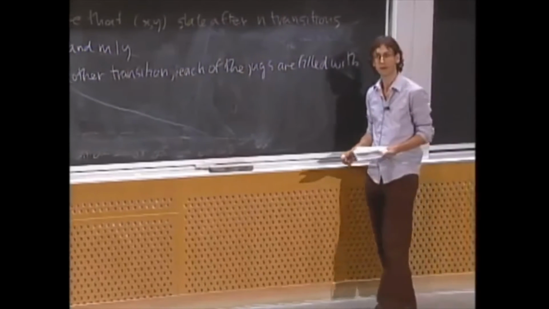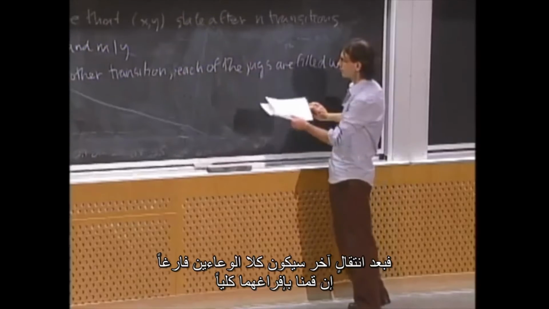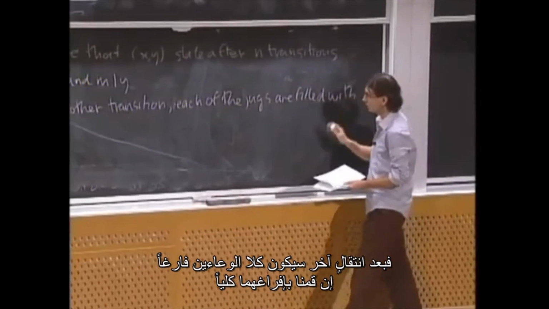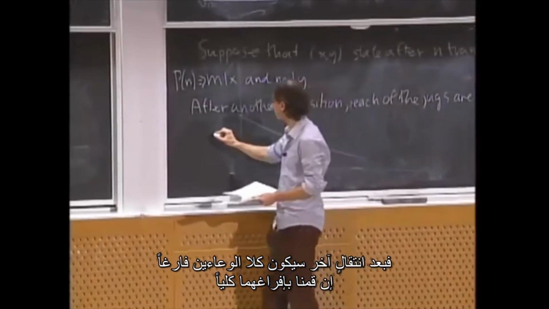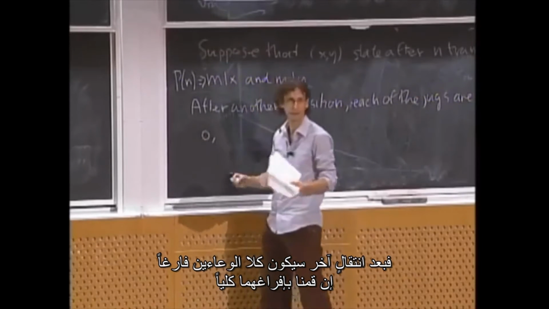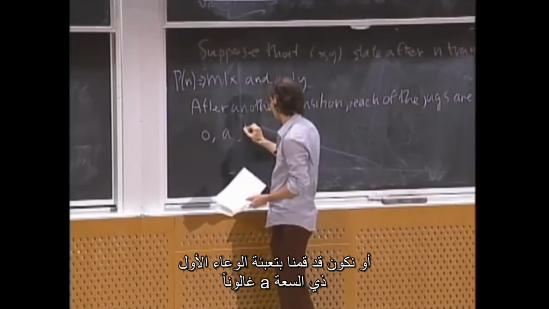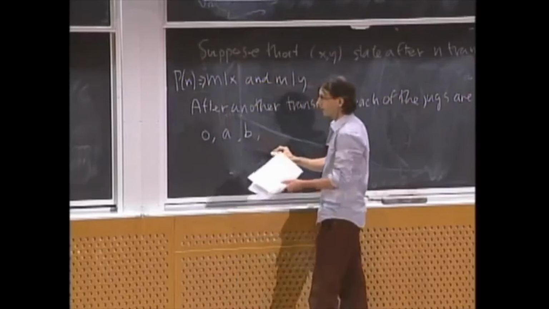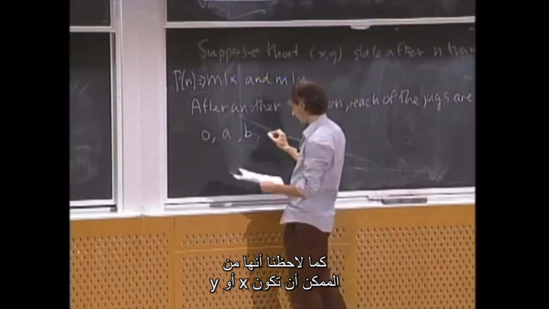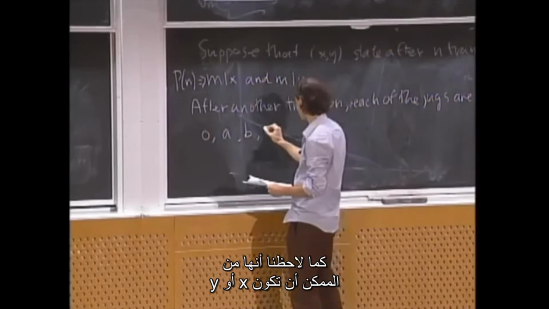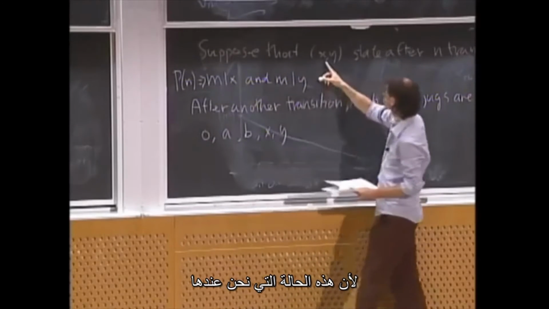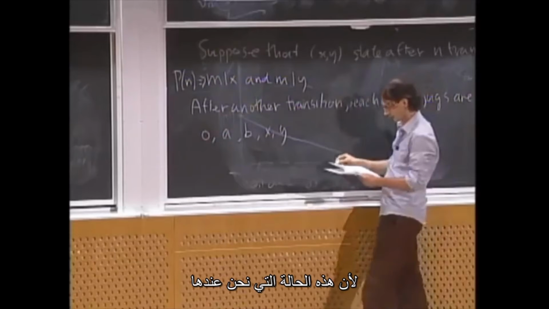So after another transition, each of the jugs is filled with either 0 gallons, if we have completely emptied them, or we have filled the first A-gallon jug, or it can be B. It can also be X, and of course it can be Y, because that's the state that we are in.